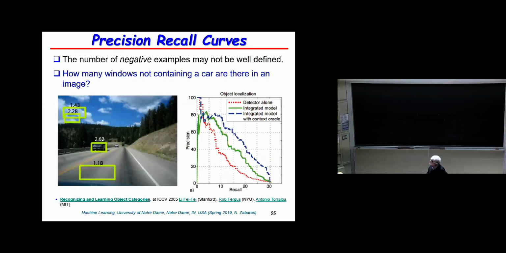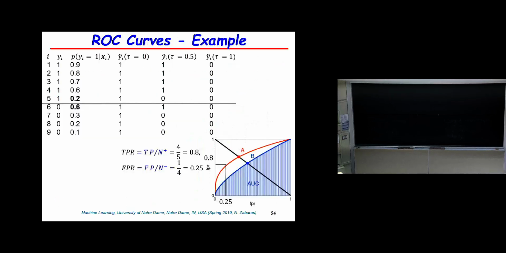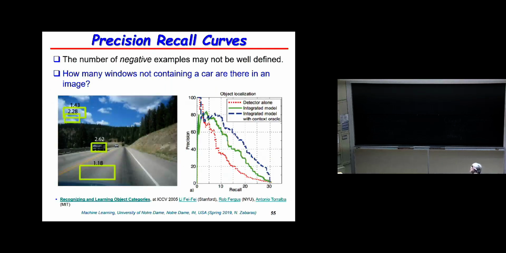All right, so let me discuss why. What we plotted here is true positives versus false positives, and you notice the false positive rate is the false positives divided by the number of true negatives. So let me pose the following classification problem.